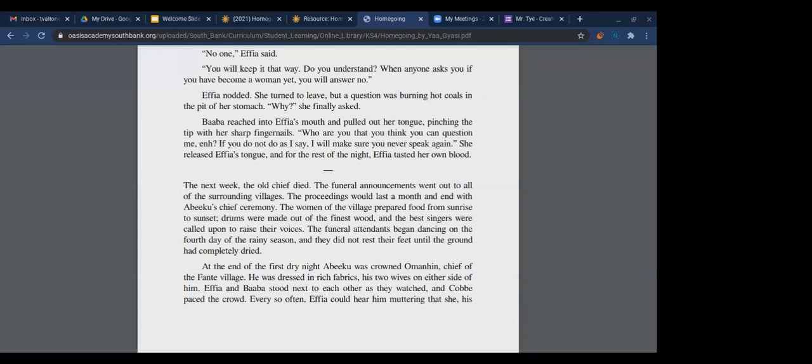And then towards the end of the first part where we left off last class, we see that she has chosen a boy from the tribe that she knows she wants to marry, and she's kind of getting ready to be presented as his wife.